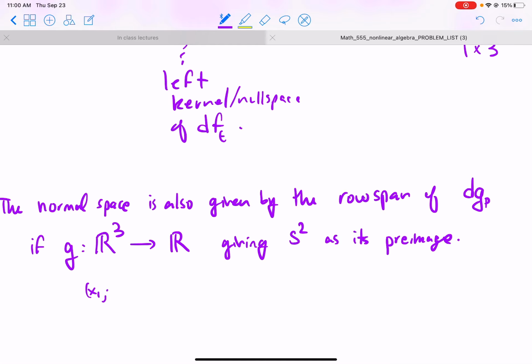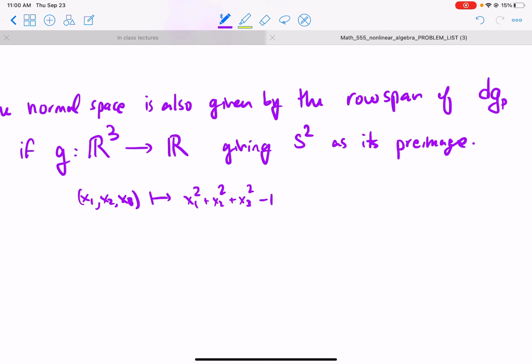What is this map? Well, let's invent names for R3, and we'll send that to that number. And so what is dg at the point x? Well, I take the partial derivative with respect to x1, and I get 2x1.